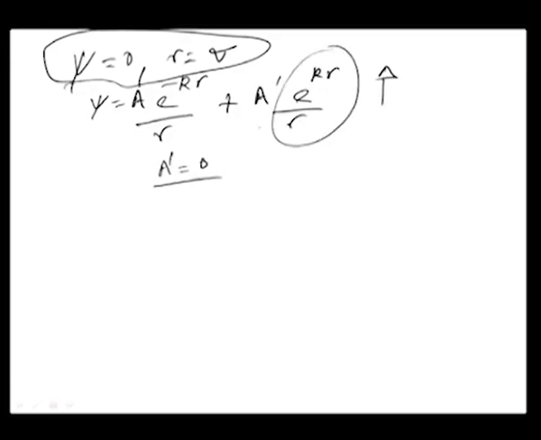Because of e to the power minus k r, as r increases to infinity this term goes very small, so overall the expression can be 0. So a dash is 0 from the boundary conditions, and xi becomes equal to the constant a times e to the power of minus k r by r.